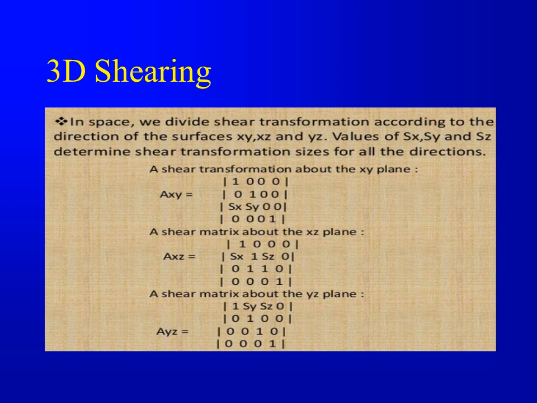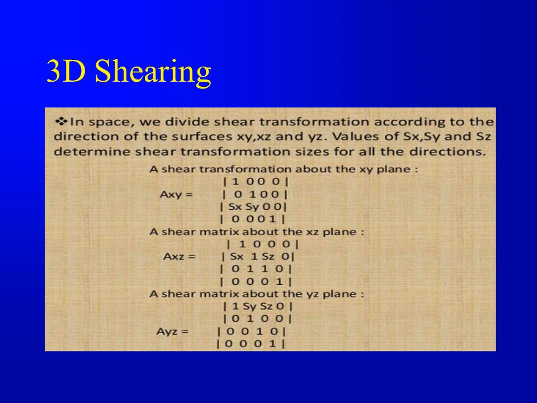Okay, now for the sharing matrix about the xz plane, for this we get the matrix 1 0 0, sx 1 sz 0, 0 1 1 0 and 0 0 0.